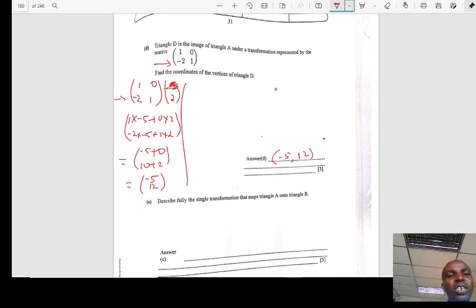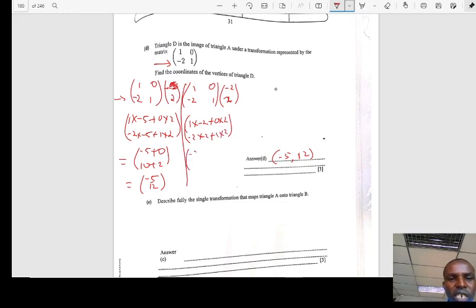Then the next one, you apply the same matrix to the other point, minus 2, 2. So you say 1 times minus 2 plus 0 times 2, then minus 2 times minus 2 plus 1 times 2.